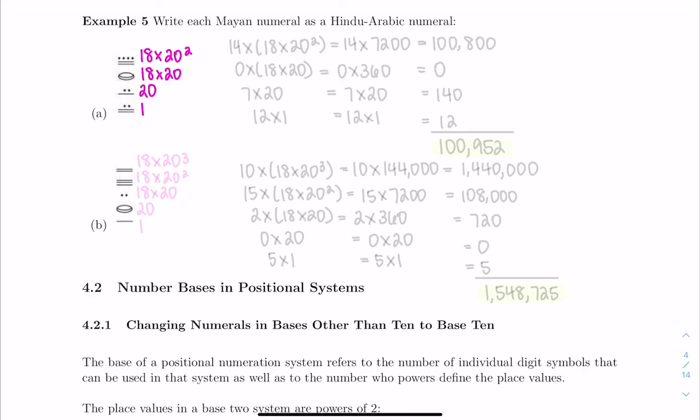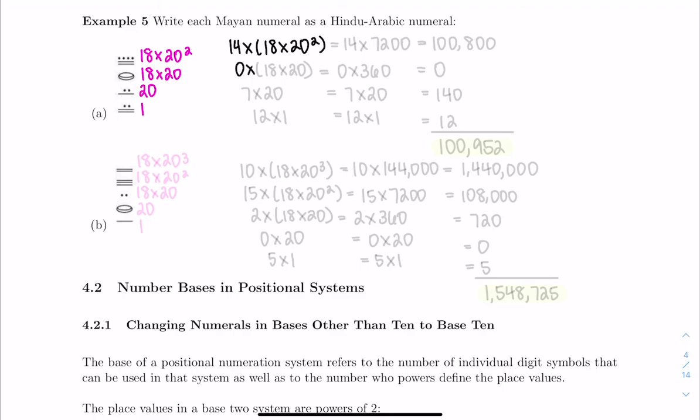We have 2 lines with 4 dots. Well, 2 lines with 4 dots is the number 14. So that's going to be 14 times 18 times 20 squared. The next one is like a double circle, and that's 0.